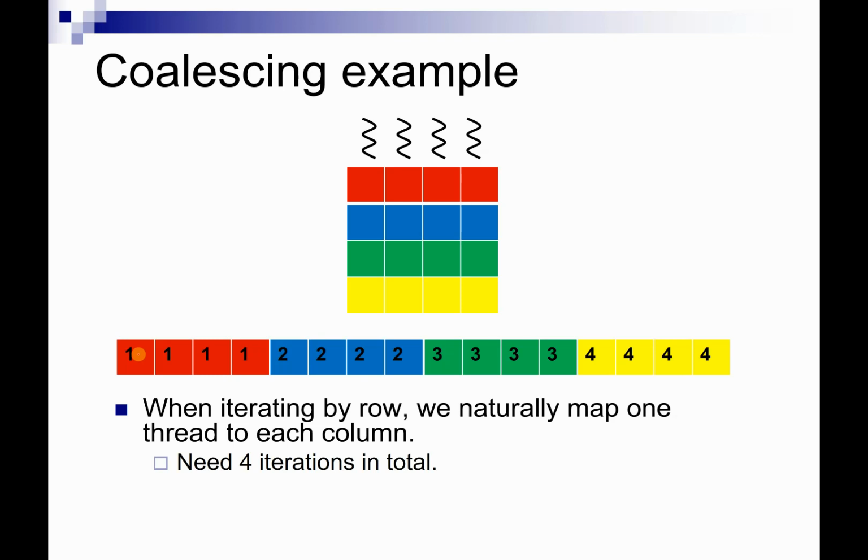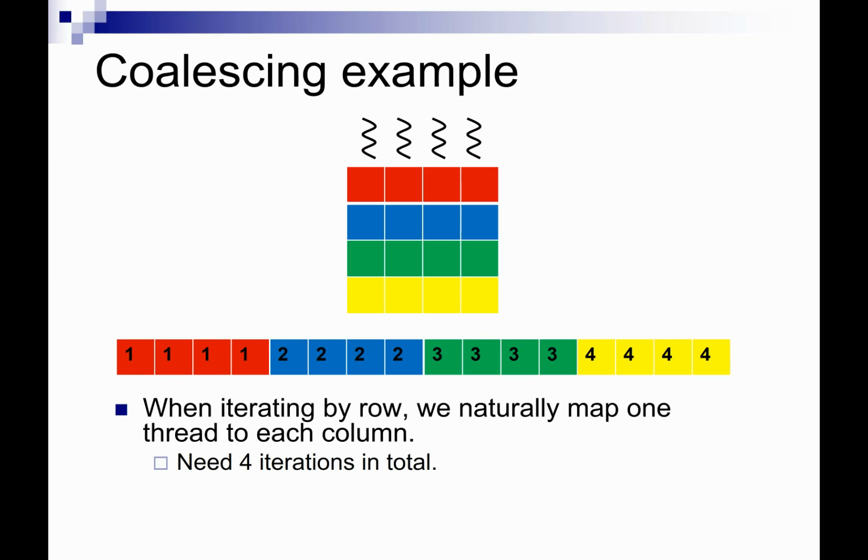All of this red row is stored consecutively in global memory, because that's how the row major format works. So the first time we run this warp, we're reading these red memory locations, and since they're all consecutive and they all lie in the same segment, this is a coalesced memory access.